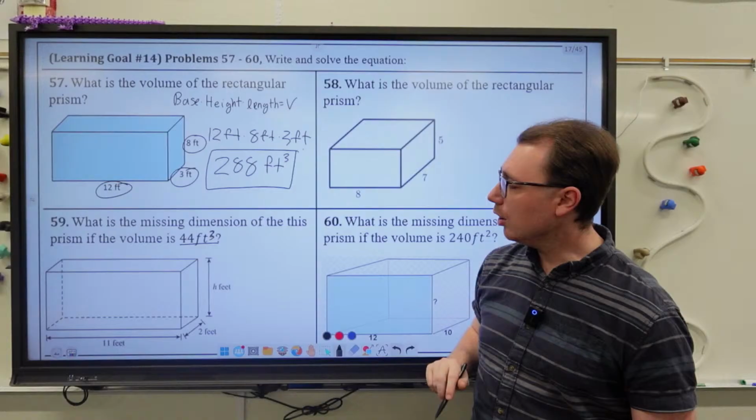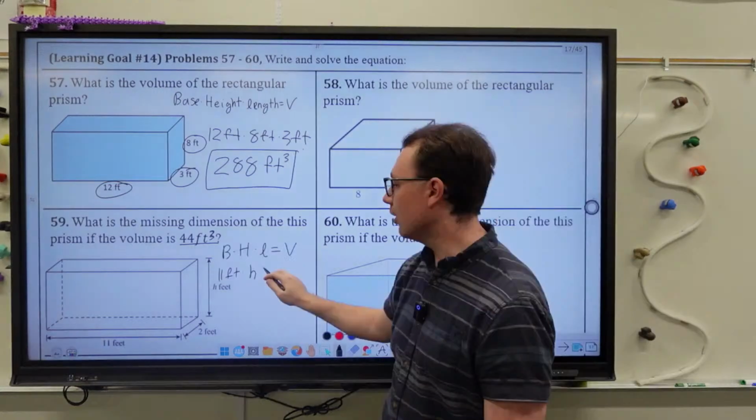First, let's multiply 11 times 2. What we get is 22 feet squared times h is equal to 44 feet to the third power. We now want to use the inverse operation. We put a line down the middle and divide both sides by 22 feet squared.